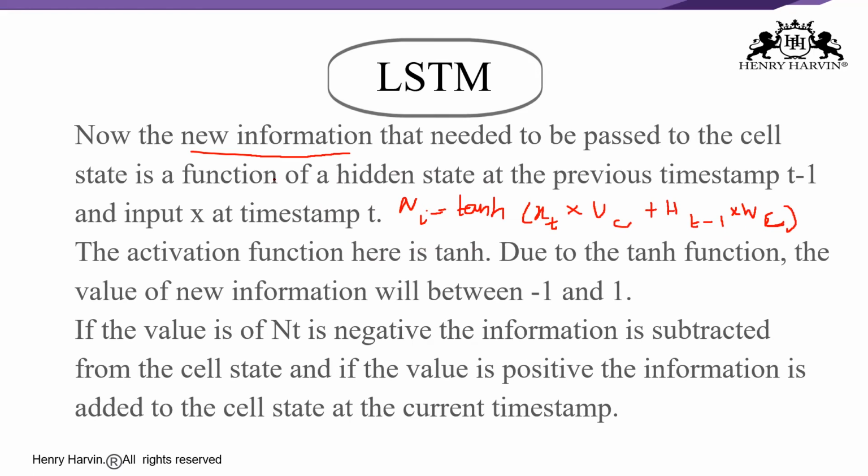The new information needed to be passed to the cell state is a function of the hidden state at the previous timestamp, that is t-1, and input x at timestamp t. What is the activation function here? The activation function here is tanh. Because of the tanh function, we will be getting information ranging from -1 to 1.